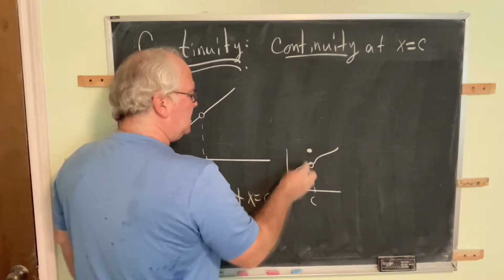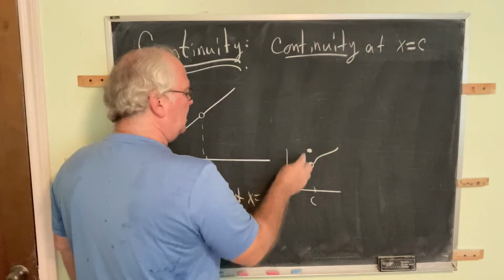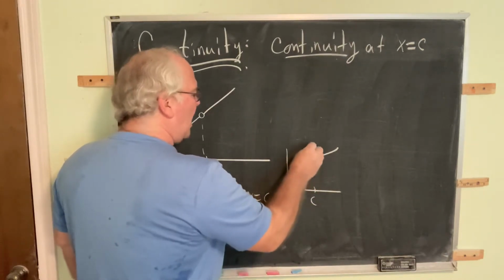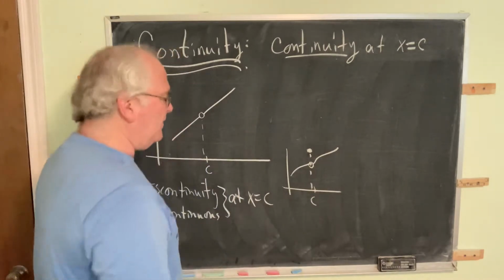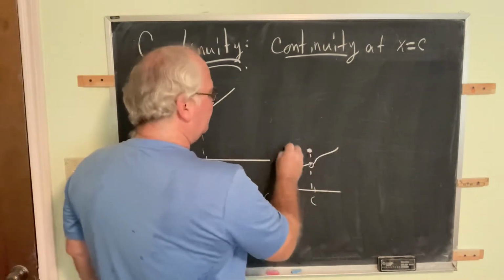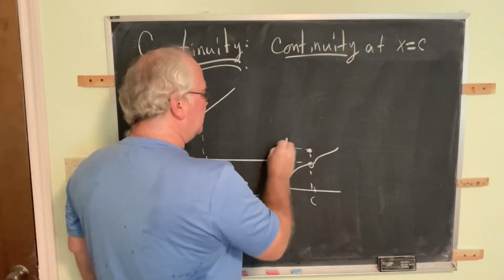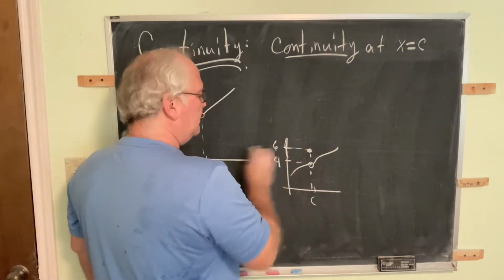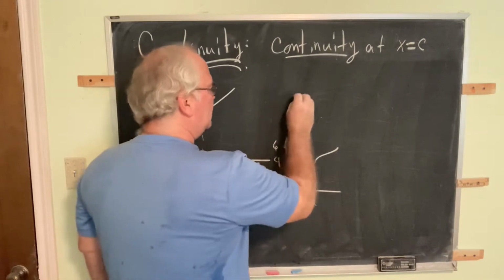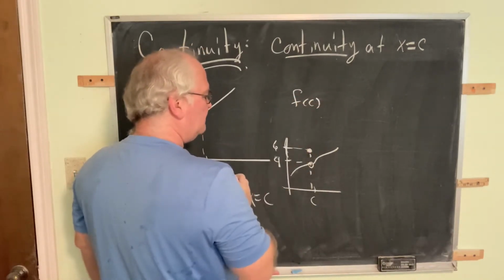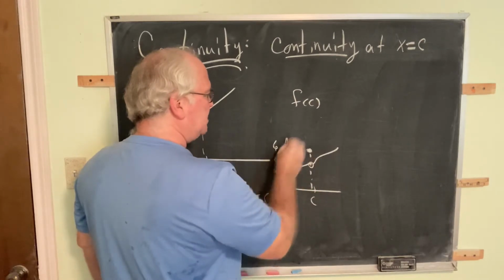There are certain weird looking kinds of functions where this can happen. For our perspective, in this case, let's suppose this number is 4 and this number is 6. So what is f of c in this case? F of c, the function value, is 6.